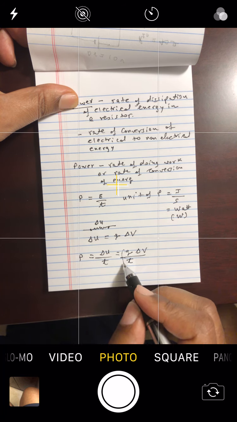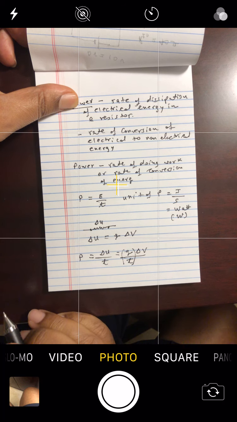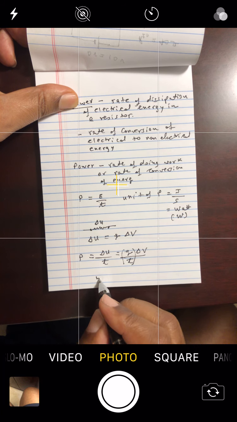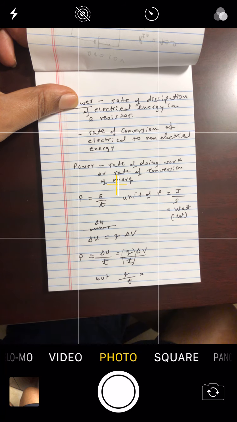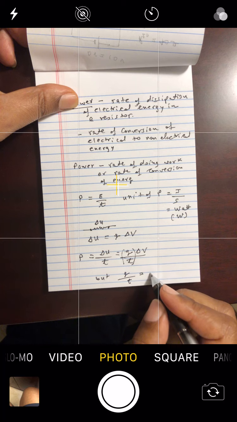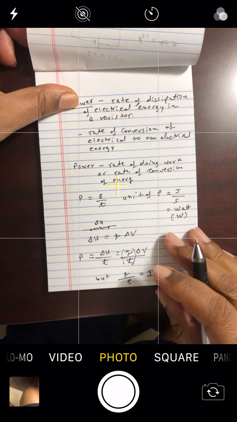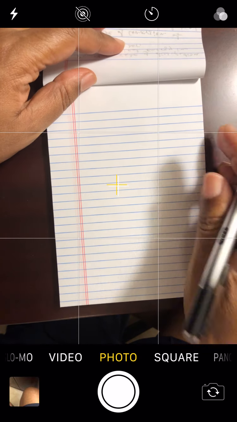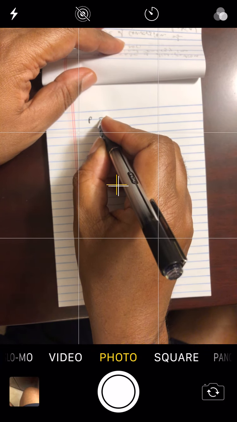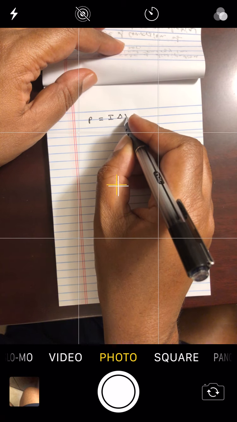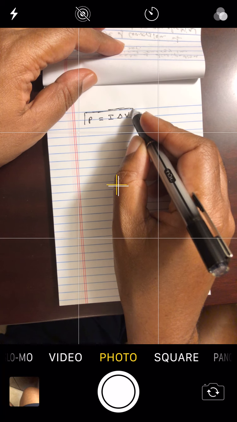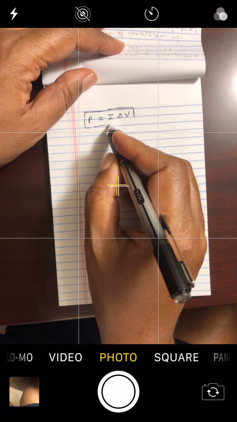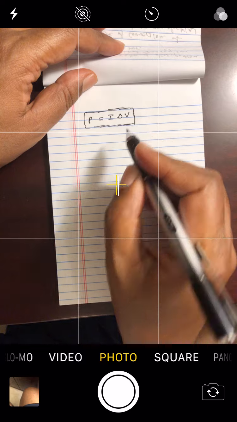But remember, Q over t is the rate of flow of charge, which is current. So we have the following formula for power: the rate of conversion of energy in a resistor equals current times potential difference. That's how we calculate the rate of dissipation of electrical energy in a resistor.